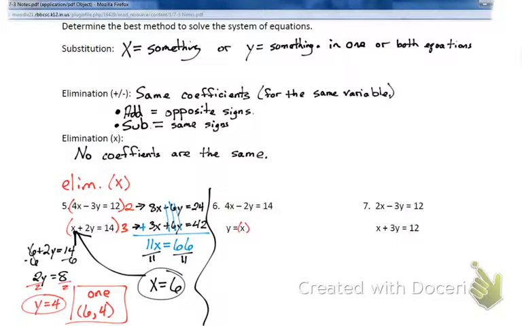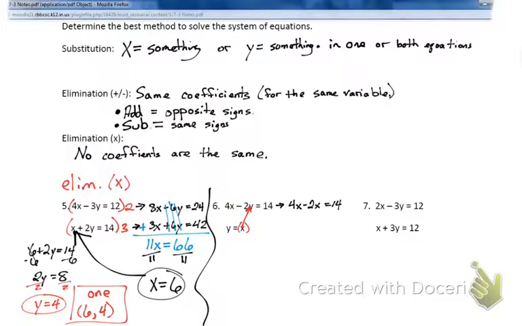So I'm going to just plug x in place of y, turning my first equation into 4x minus 2x equals 14. And again, you just plugged in x in place of y because it says x equals y.